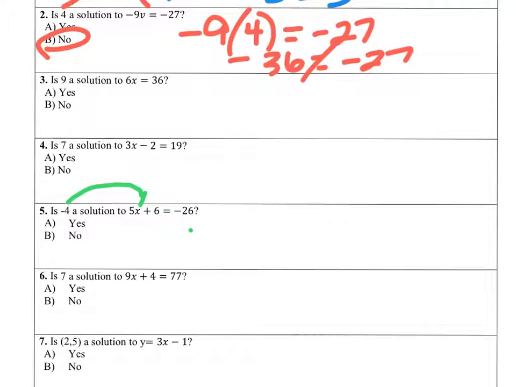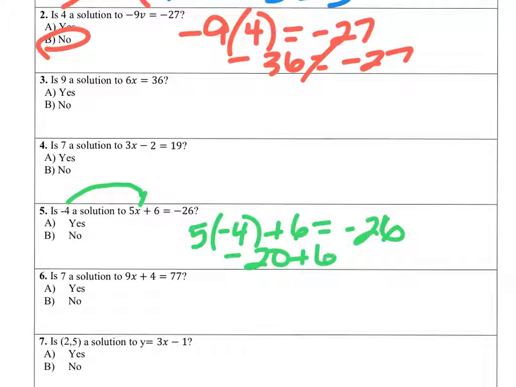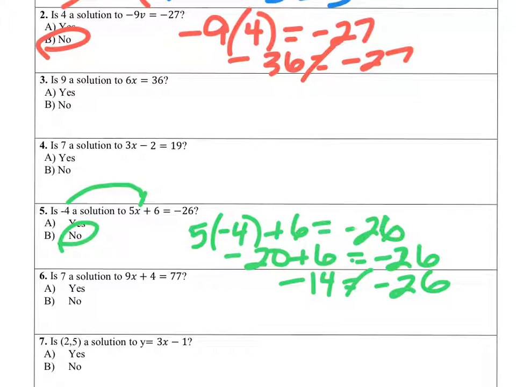And so 5 times negative 4 plus 6 should equal negative 26. Let's check that. So 5 times negative 4 is negative 20 plus 6. Well, because you guys are really good at integers now, you know that that most definitely does not equal negative 26. I went down 20 and then back up 6, so that gives me negative 14, which does not equal negative 26. So that is not a solution.